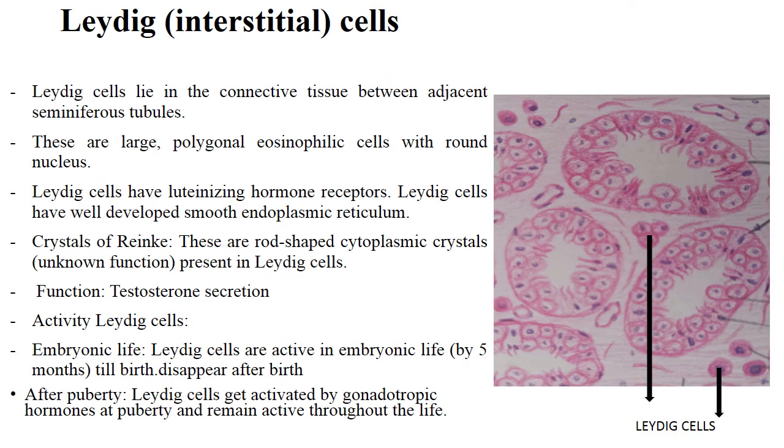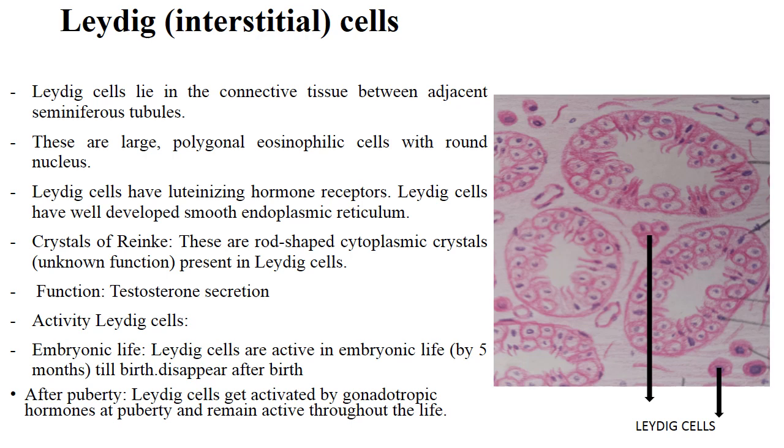So far we have seen two varieties of cells present in the testis, that is Sertoli cells and spermatogenic cells. Both these cells are present in the seminiferous tubule. The third variety of cell is the Leydig cell. Leydig cells, or the interstitial cells, are present outside the seminiferous tubule. They are present in the connective tissue stroma surrounding the seminiferous tubule, or in the interstitium.